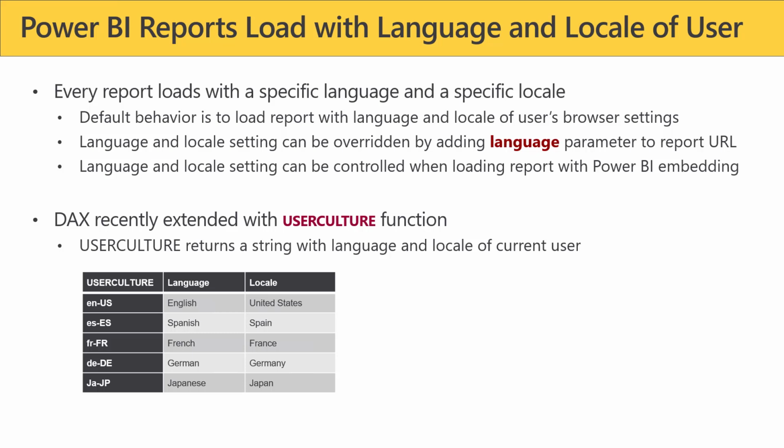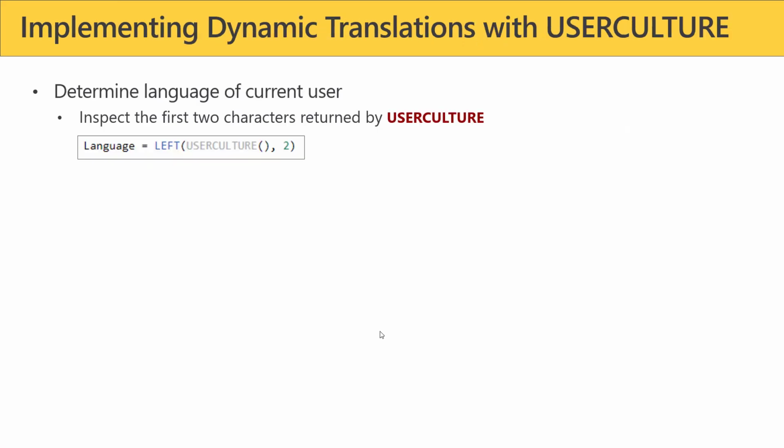The second characters, the uppercase ones, are the regional identifier. So the language is used to tell the Power BI service, and you, as someone who's building a report, what language the user speaks, but the locale is generally used for things like the formatting of numbers and dates.